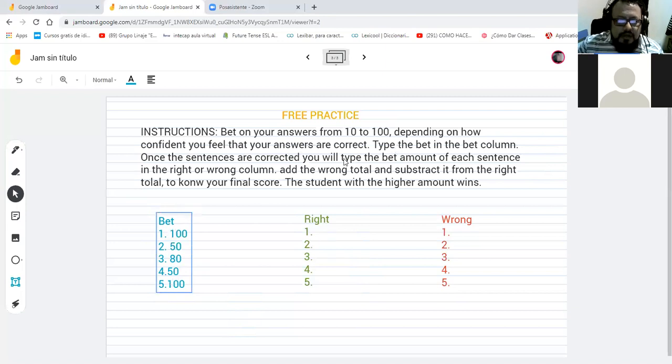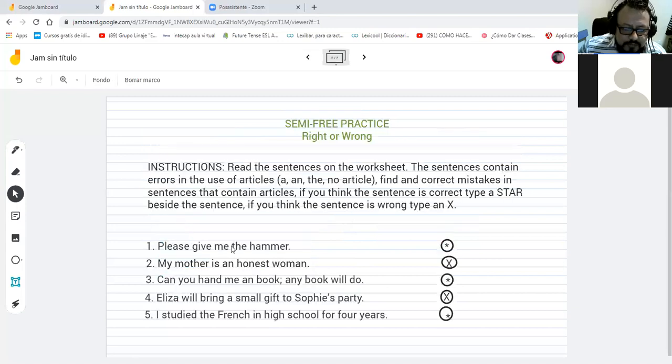Now, as you can read right here, it says you type the bet amount on each sentence in the right or wrong column. Add the wrong total and subtract it from the right total to know your final score. So what we're going to do right now is grade, or answer together, these five sentences and see if you answered correctly or not.